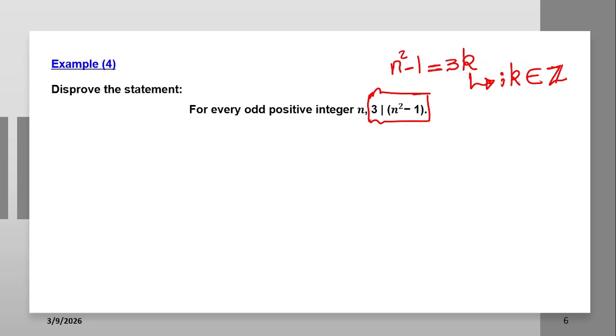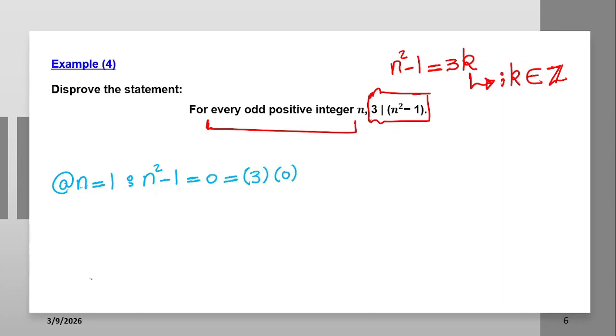This counterexample must be odd to satisfy the first part of this statement. It must be odd, but at the same time, it has to negate the statement that 3 divides n square minus 1. Okay, now let's think about an odd value that breaks this statement. At n equals 1, we get that n square minus 1 will be 1 minus 1, which is 0. So this 0 can be represented as 3 times 0, which means that n equals 1 does not disprove this statement.